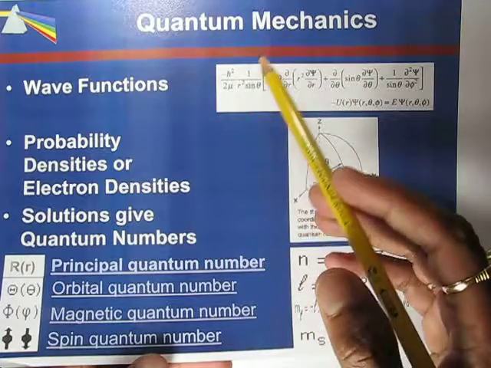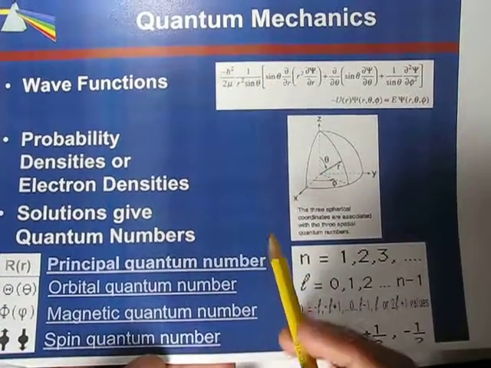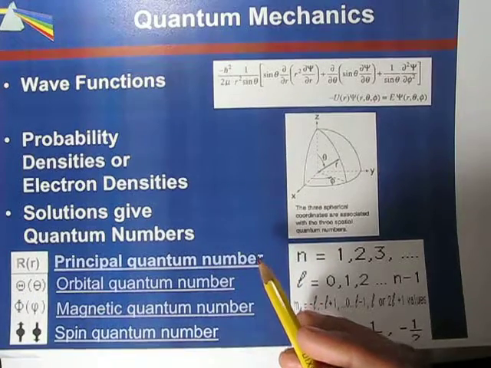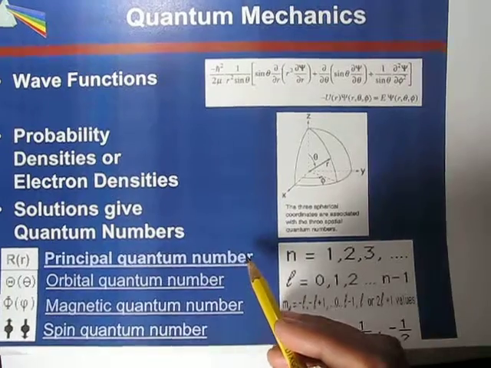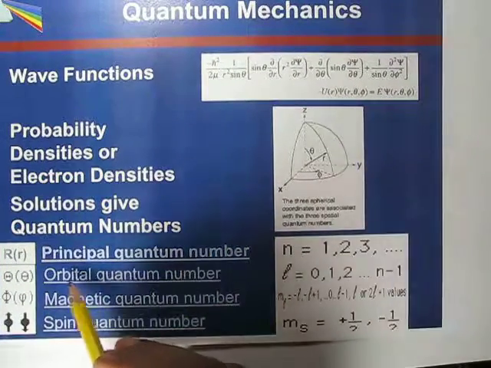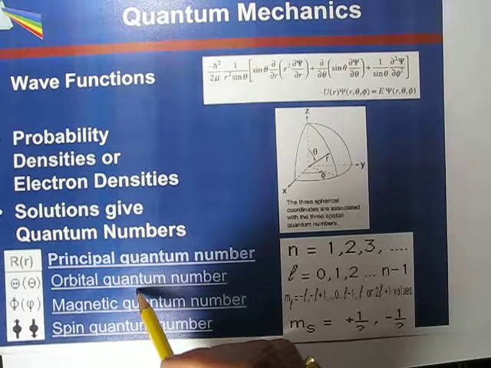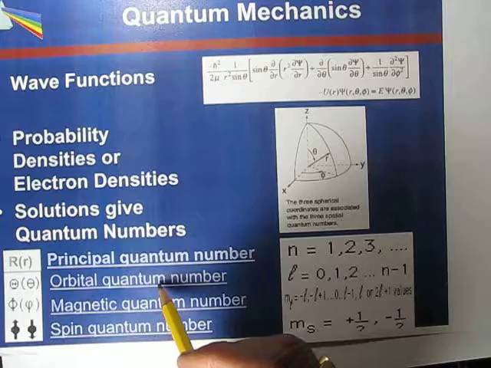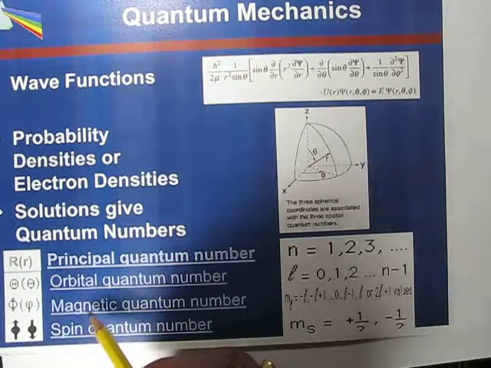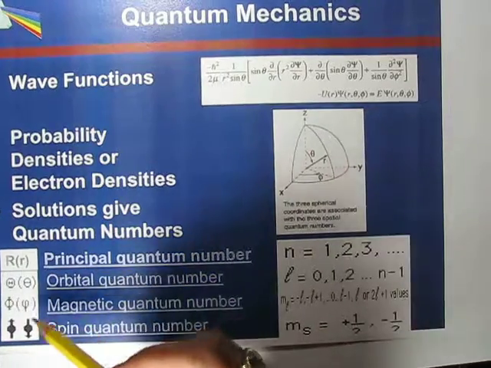There are 4 quantum numbers related to every atom of an element, and they are called the principal quantum number, orbital quantum number, which is also called the angular quantum number, magnetic quantum number, and spin quantum number.